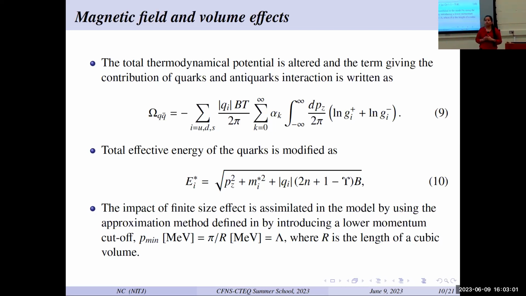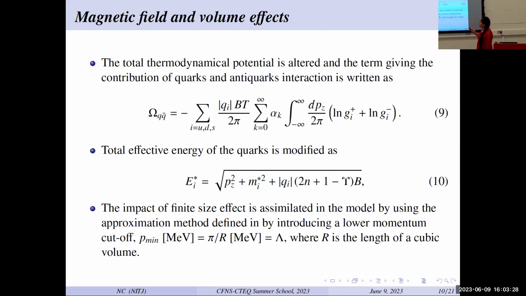But in lattice QCD, they define a volume, a cubic volume. It can be done in many ways. So I am considering a cubic volume, in which we have a defined momentum as soon as the collision happens. So what I do is I put a lower momentum cutoff, that is p_min equal to pi by R, where this R gives R cubed, the cubic volume.